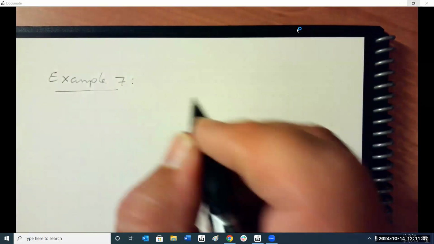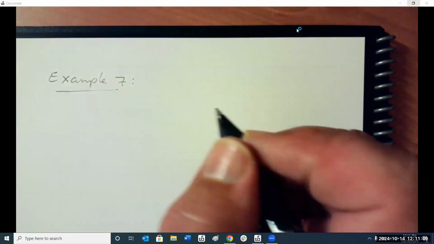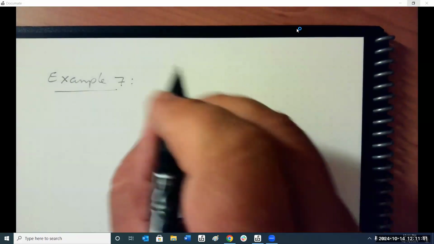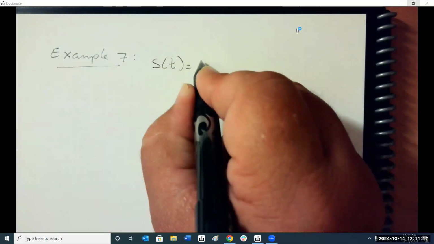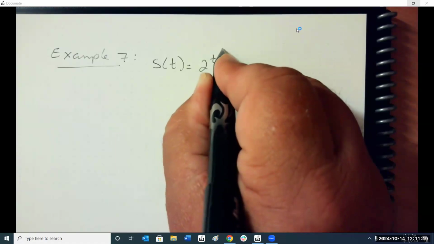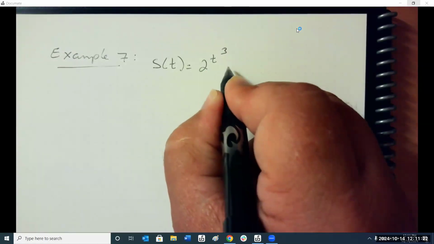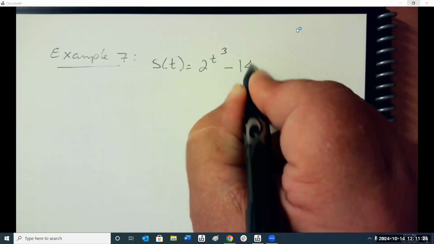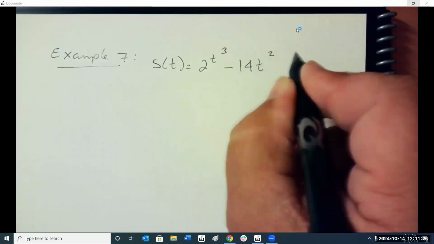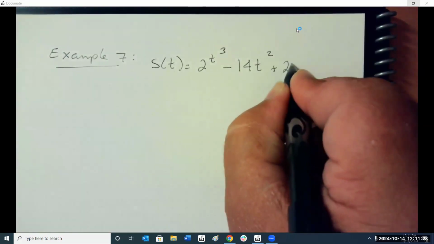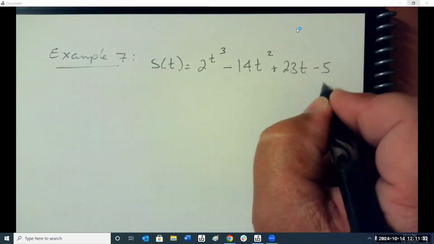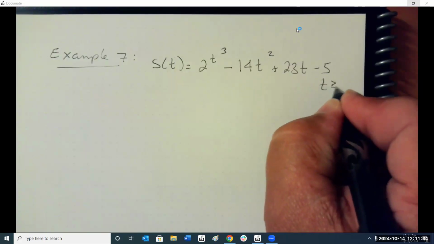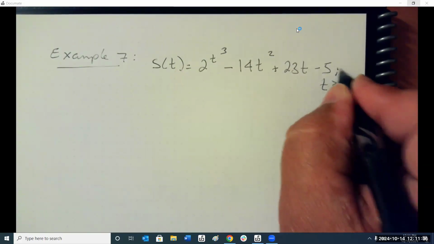A particle moving on a horizontal coordinate line, positive to the right, is given by the function s of t equals 2t cubed minus 14t squared plus 23t minus 5 for all t greater than or equal to 0.